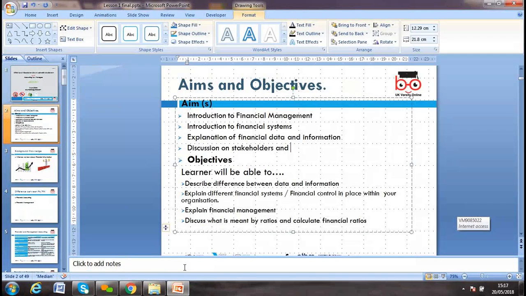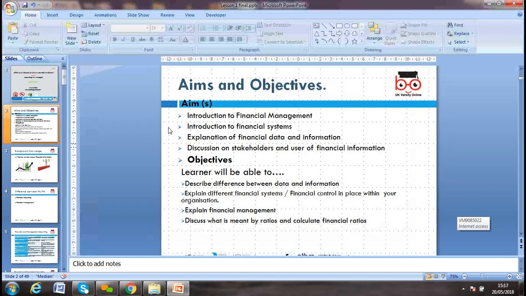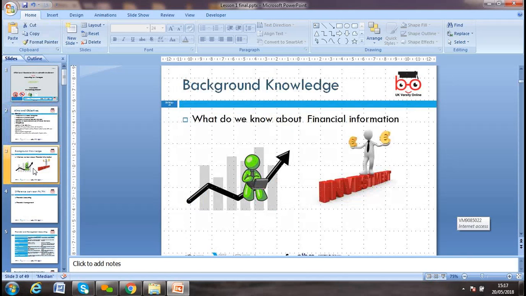So these are our aims: introduction to financial management, introduction to the financial system, explanation of financial data and information, and discussion on stakeholders and users of financial information. Where we can get financial information and how we can use it: all of it we can get in terms of the financial statements, under financial accounting.